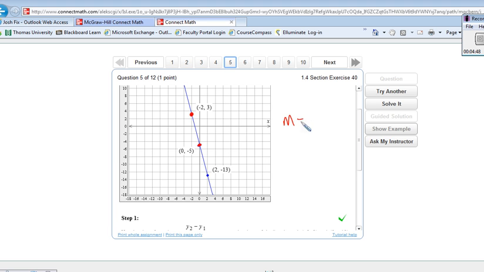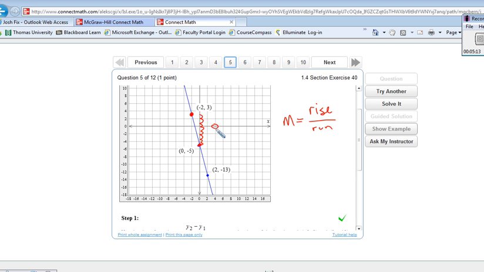So remember, slope is rise over run. So we would go from that point, let's see how we should do this. That's 1, 2, 3, 4, 5, 6, 7, 8.